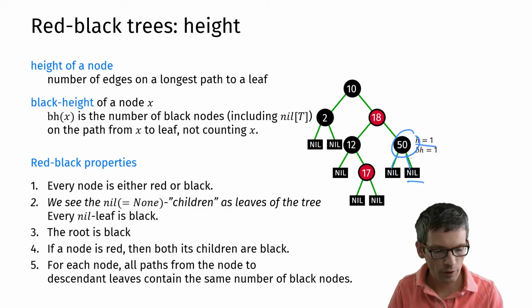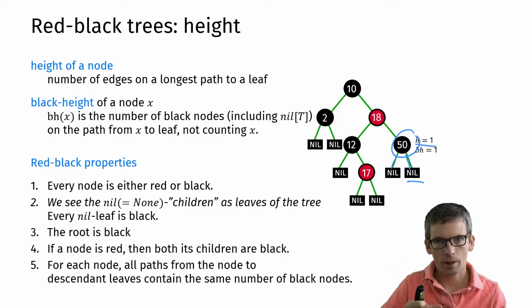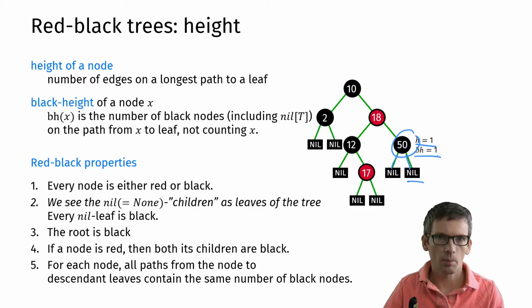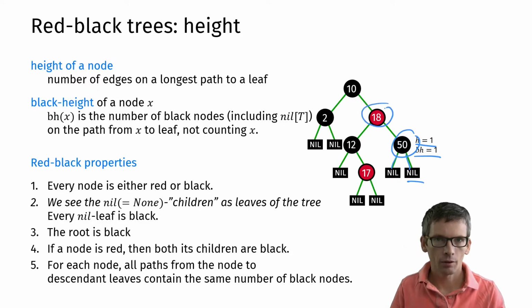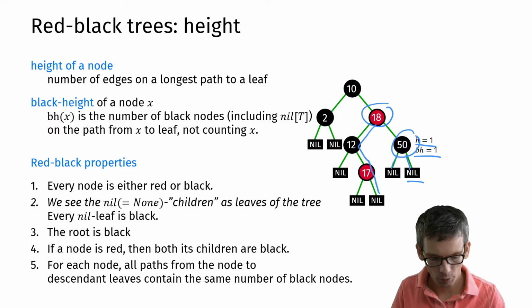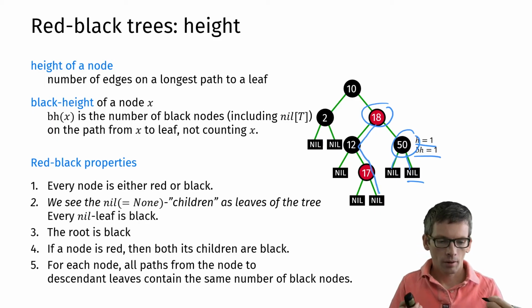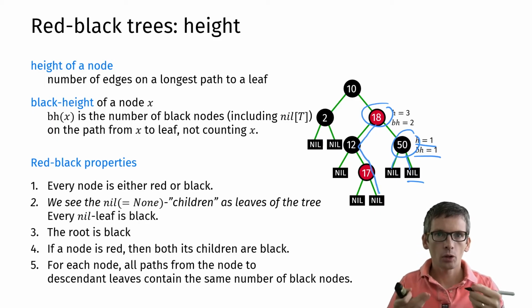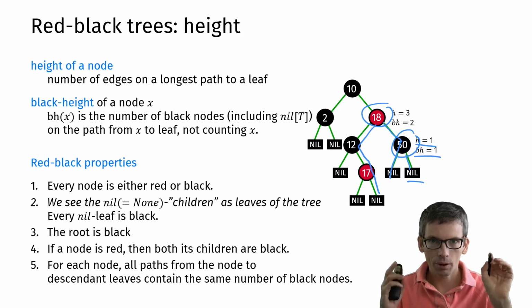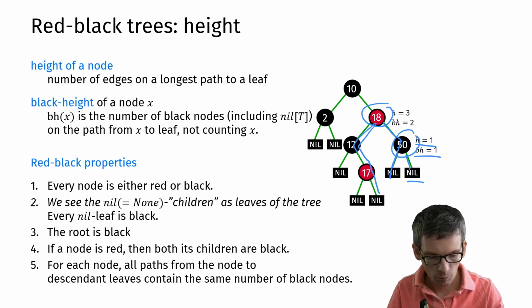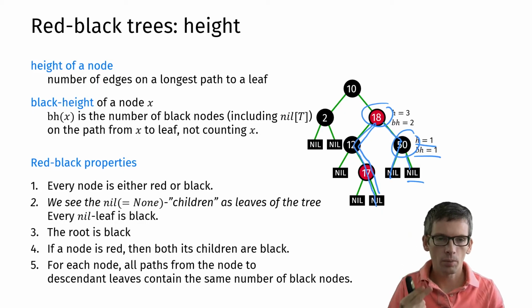So the height of this node is 1, because with 1 step I'm at a leaf, and also the black height is 1. Now if I take the 18 here, the height for the 18 is actually 1, 2, 3, but the black height is 2, because with 2 steps I'm at a leaf. And even this very long path, if I follow that path, there are 2 black nodes.